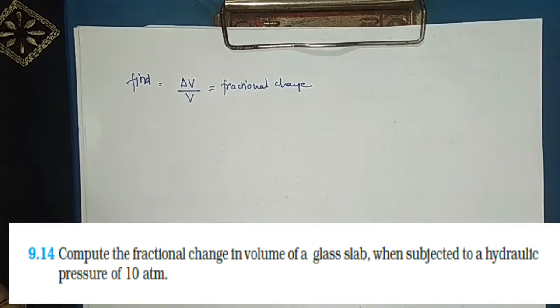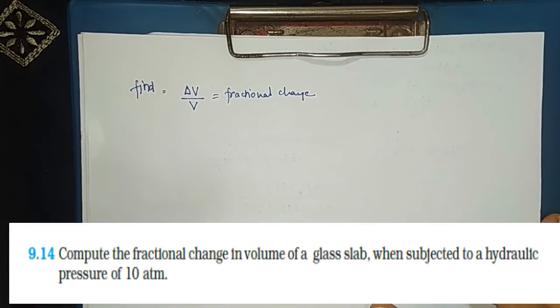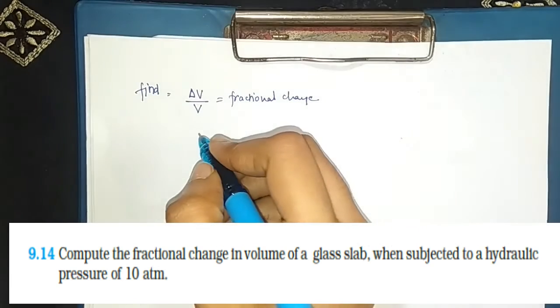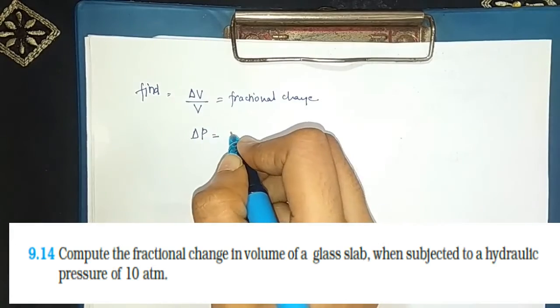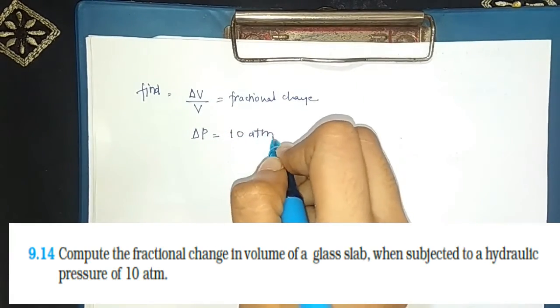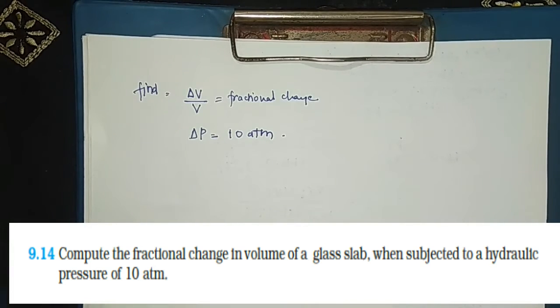We have to compute the fractional change in volume of a glass slab when it is subjected to hydraulic pressure, delta P, of 10 atmosphere.